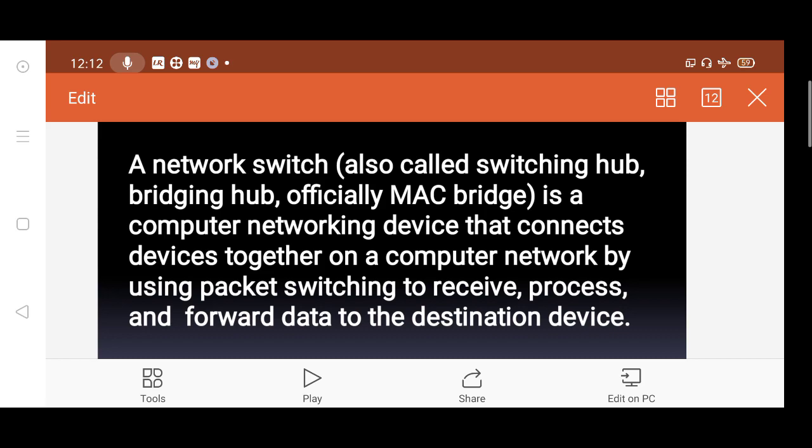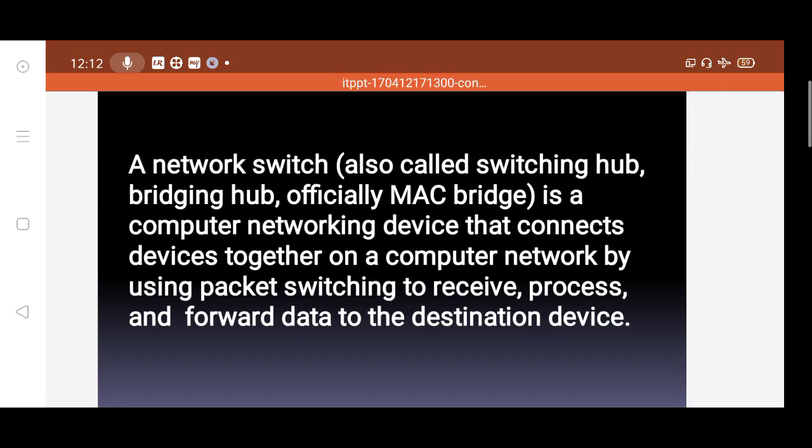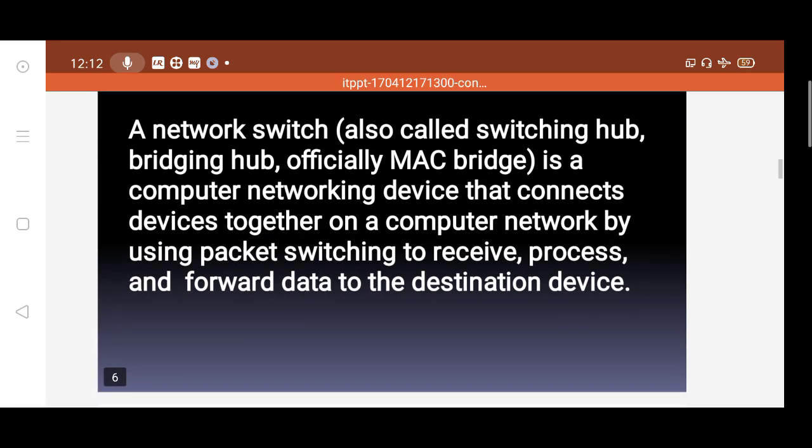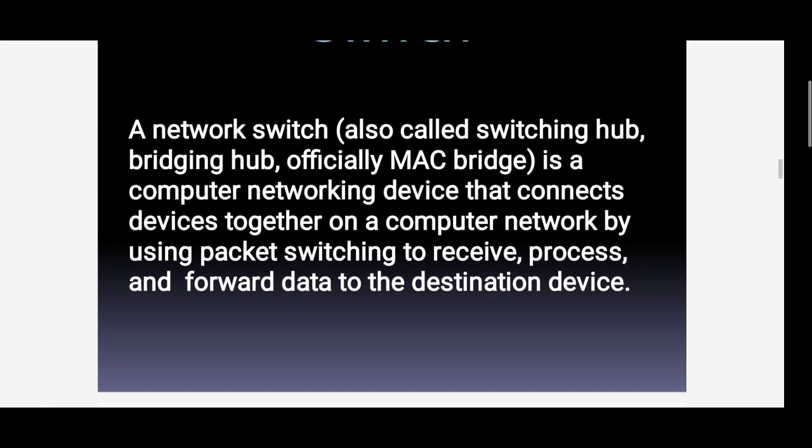The second one is the switch. A network switch, also called a switching hub or bridging hub, officially MAC bridge, is a computer networking device that connects devices together on a computer network by using packet switching.